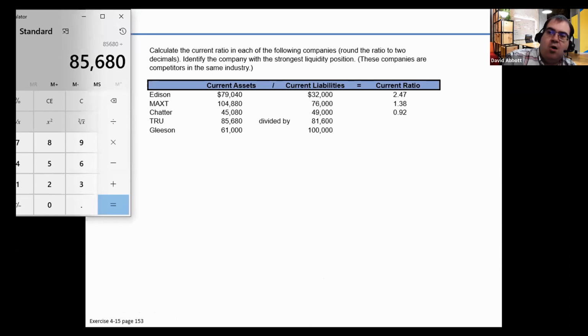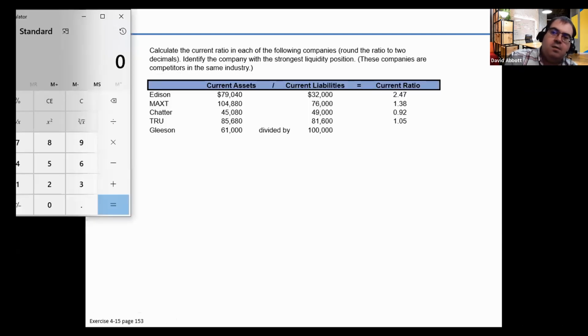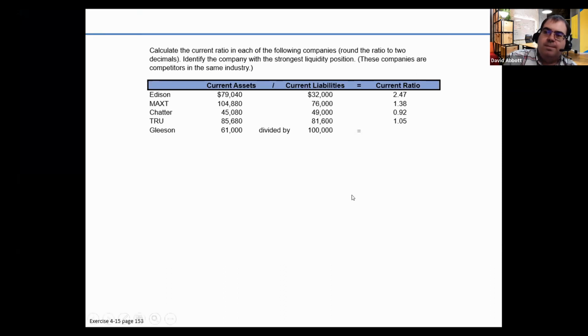Again, they are already giving us the total for the current assets and the current liabilities, so we're skipping a step here that we don't have to figure out. So 1.05. And then Gleason is 0.61.